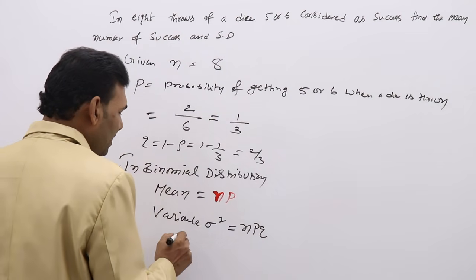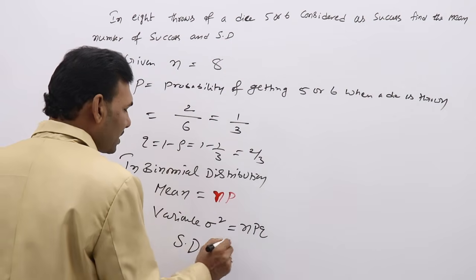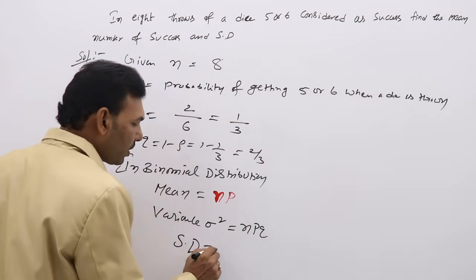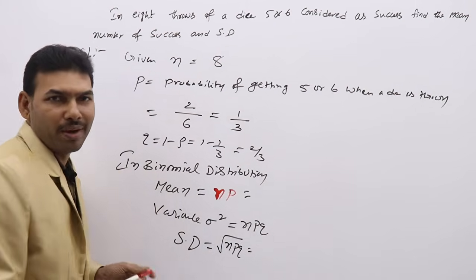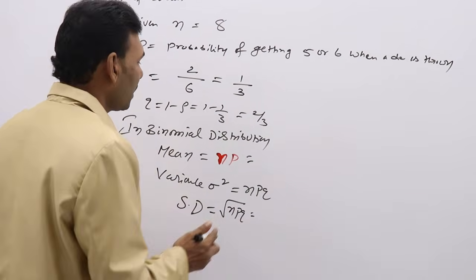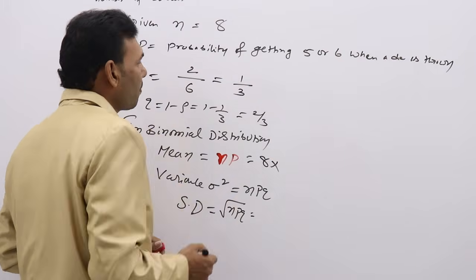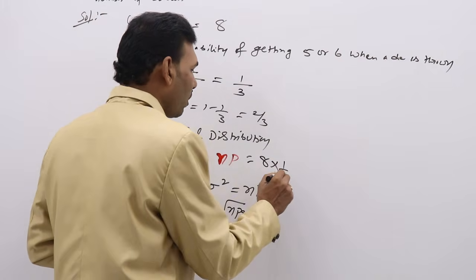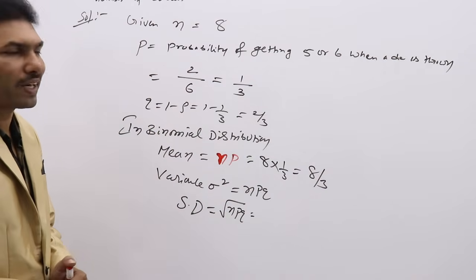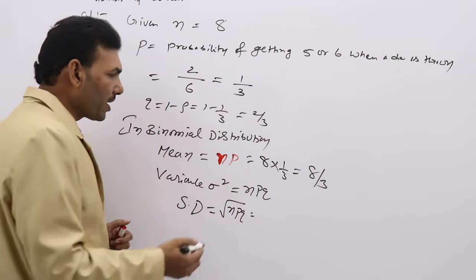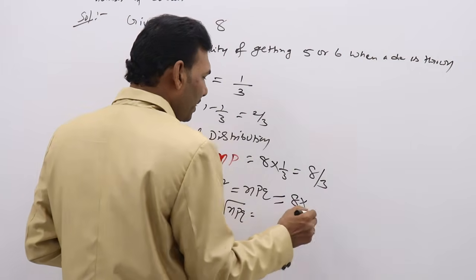Here we need SD, which is root NPQ. So now coming to NP. What is N? N is 8. P value we have 1 by 3. 8 by 3 is the mean number of successes, the expectation of X.